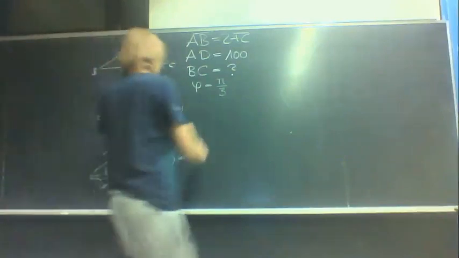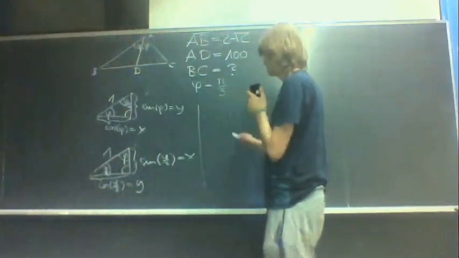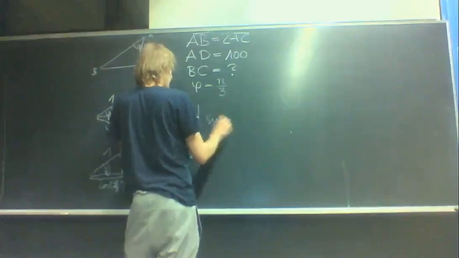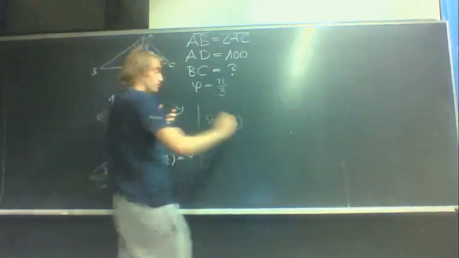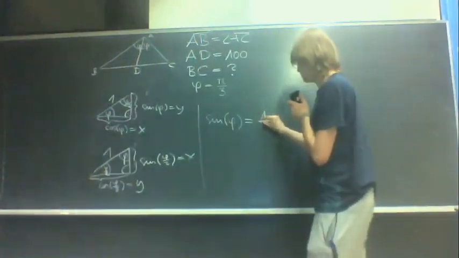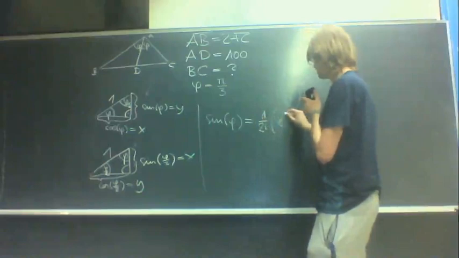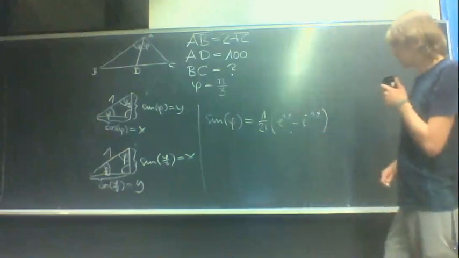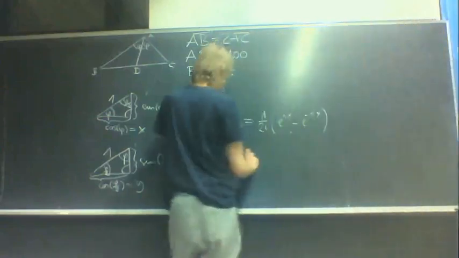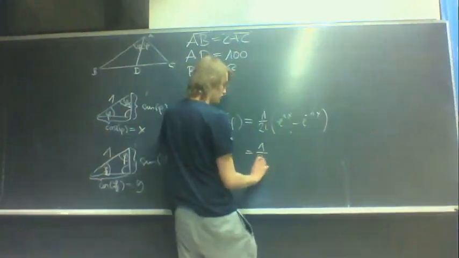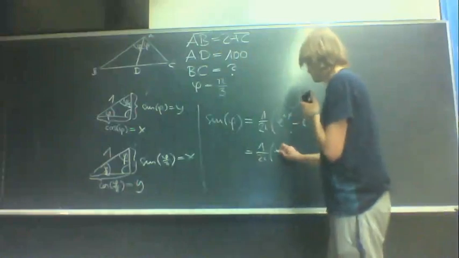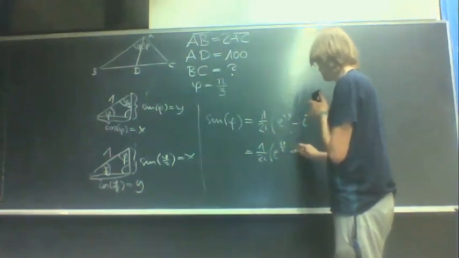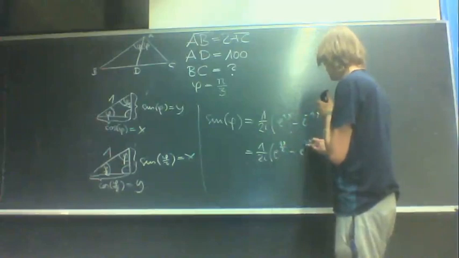And with the identity for sine of phi, which is just 1 over 2i times e to the i phi minus e to the minus i phi, which is nothing but 1 over 2i times e to the i phi over 2 minus e to the minus i phi over 2.